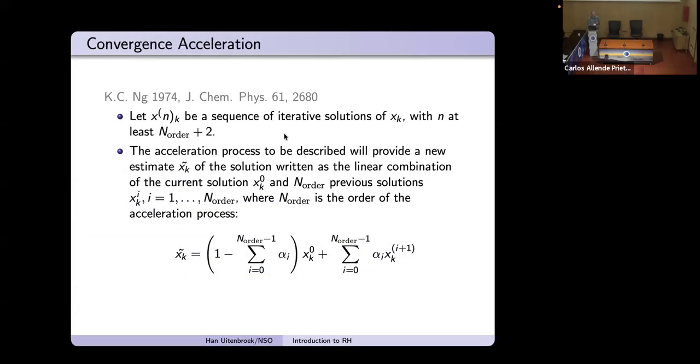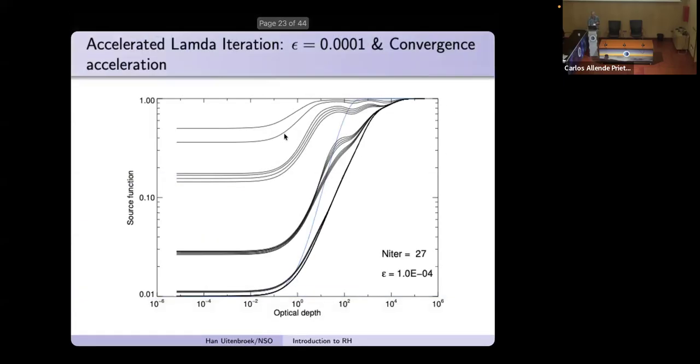I won't go over exactly the details, but if you implement that method, then you can do the same problem for epsilon 10 to the minus 4 in only 27 iterations. So this is really a very efficient numerical solver.